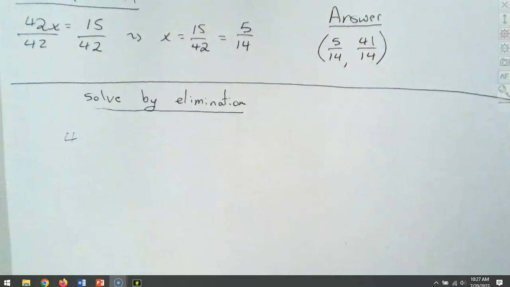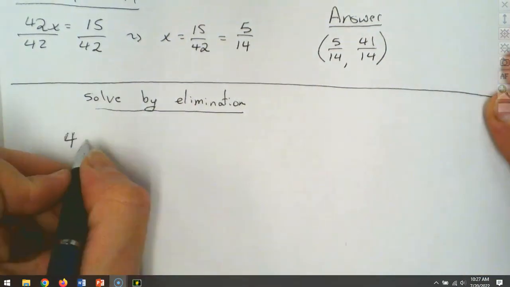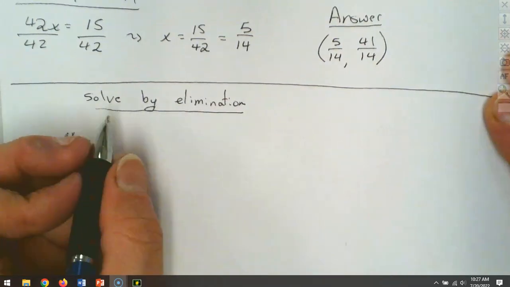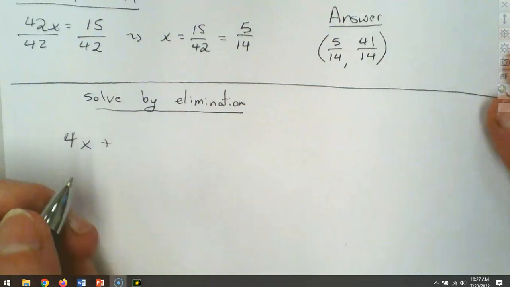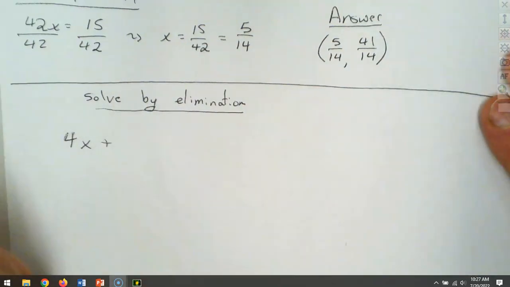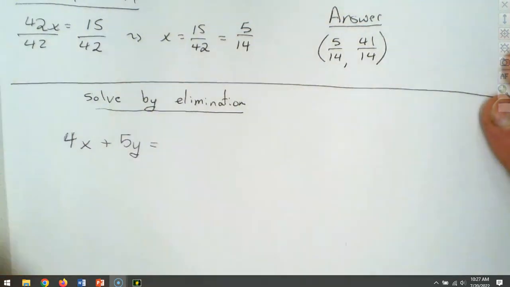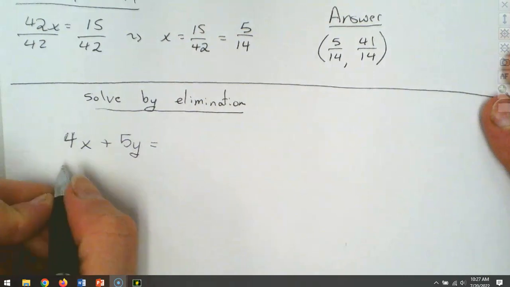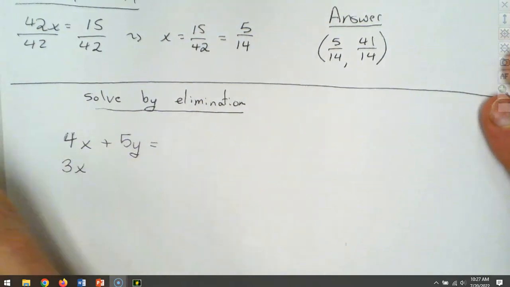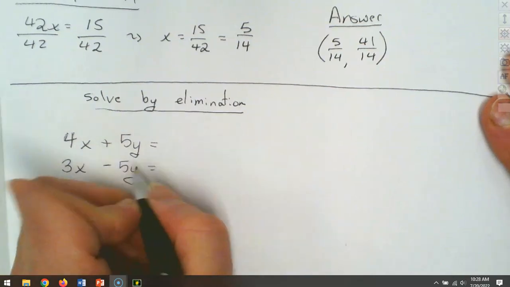And when we solve by elimination, what we do is we're just going to add or subtract downward. And we'll start off with a really easy one. And then we come up with good whole number answers here.